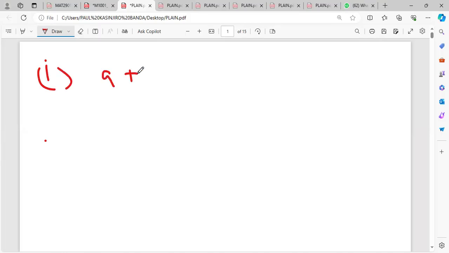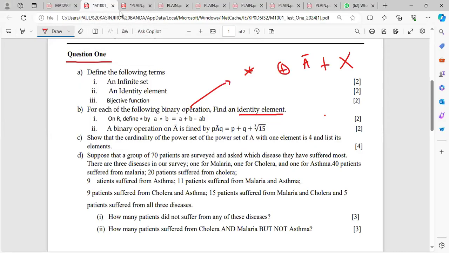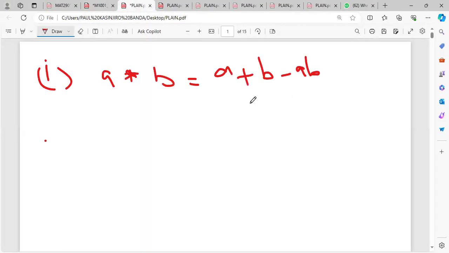We have A star B is equal to A plus B minus A multiplied by B, like that. Is it correct? Okay, yes, it's correct. So this is the situation that we have on B1 there.